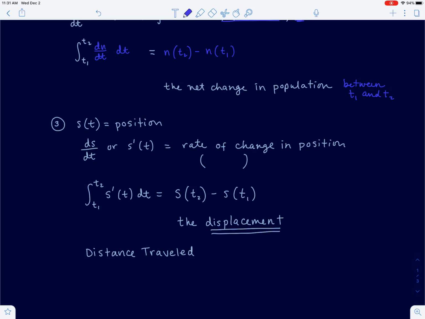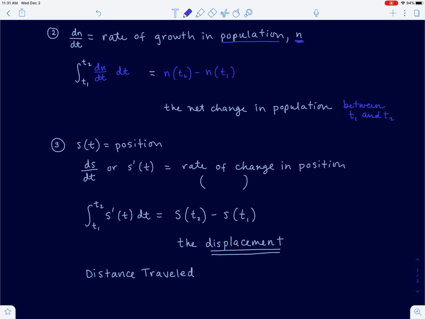Another, and this is probably our most common example, if s of t is our position function, then when we take the derivative, ds/dt, or s prime of t, we get the rate of change in position, which is otherwise known as velocity.